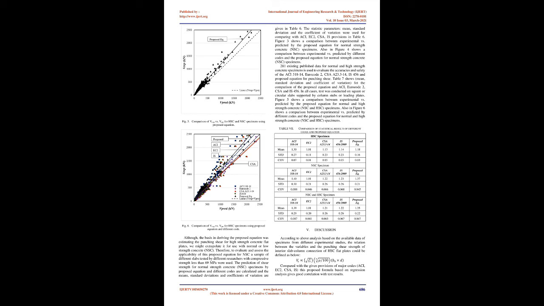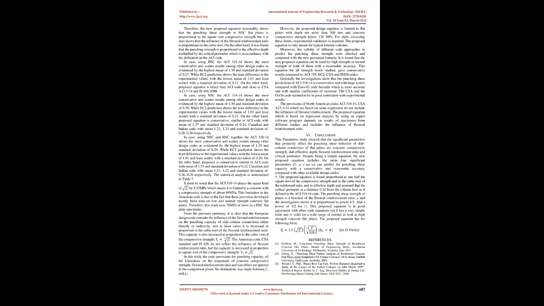On the other hand, the proposed equation is conservative, similar to the ACI code, with a mean of 1.35 and standard deviation of 0.22. Canadian and Indian codes have means of 1.21, 1.22 and standard deviations of 0.26, 0.26 respectively. The statistical analysis is summarized in Table 7.